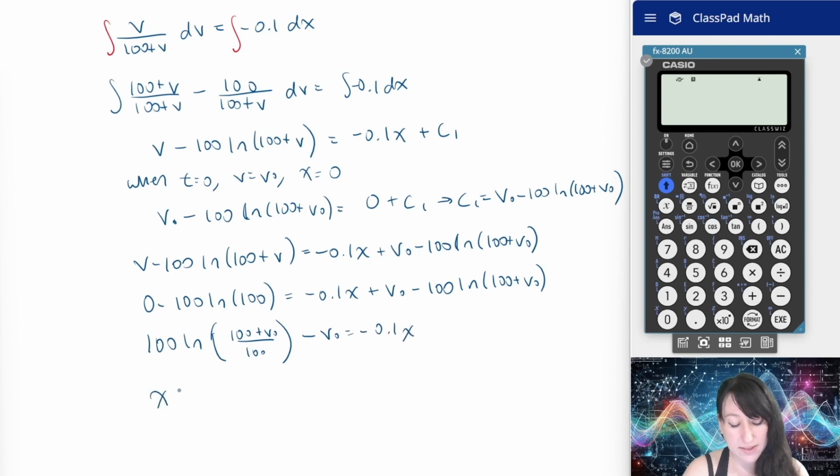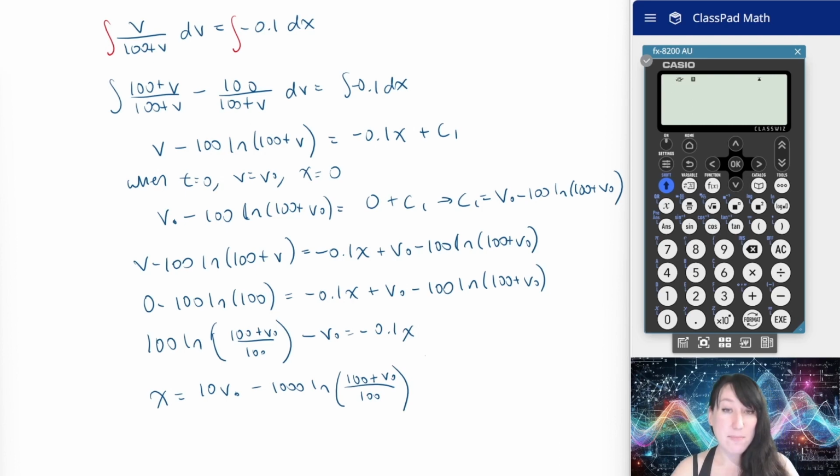So we'll get x is 10 v naught minus 1000 ln of 100 plus v naught over 100. So that's the max height of the projectile.